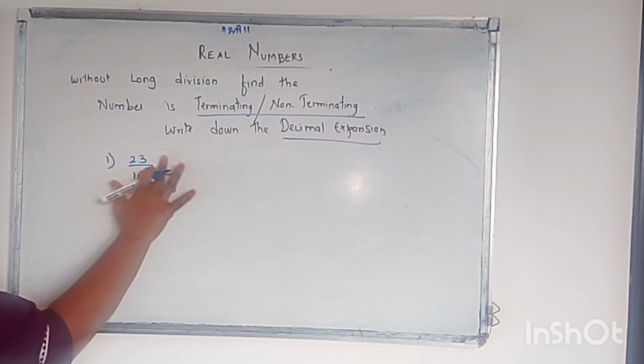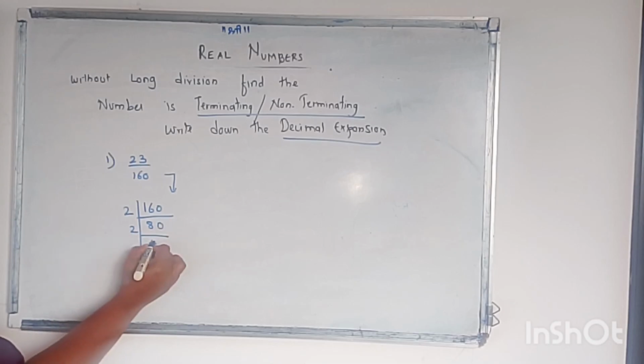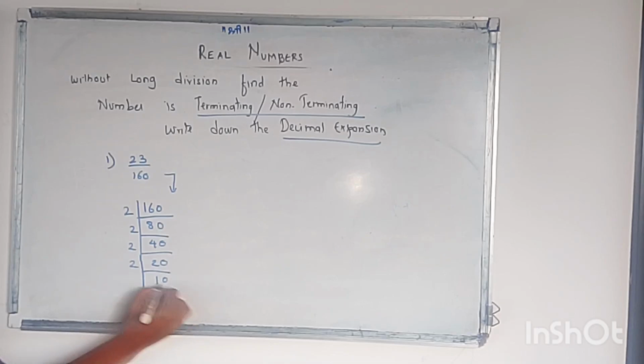Okay. So 2, since it is 160, we can start with 2. 2 8s are 16, 2 4s are 8, 2 2s are 4, 2 1s are 2, 2 5s are 10, 5 1s are 5. So how to find out whether the number is terminating or not?